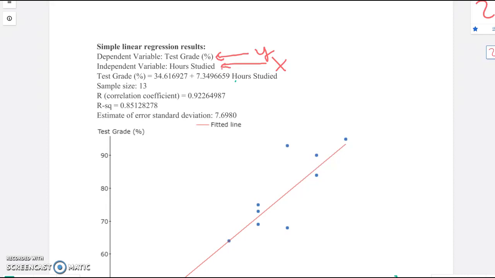Now, this bottom portion, this third line, is what we call my regression equation. This is what we want. What this says is that the test grade equals 34.6, whatever the number is, plus this times the hours studied.